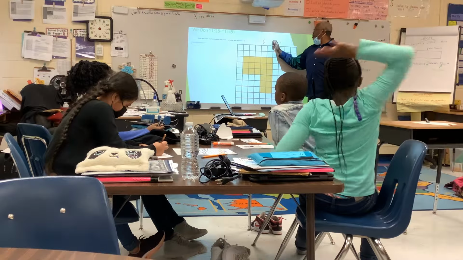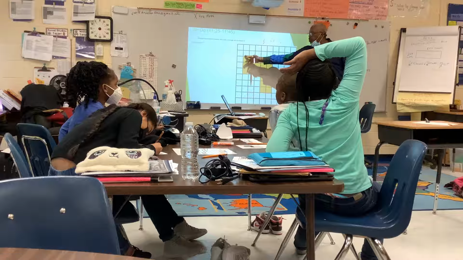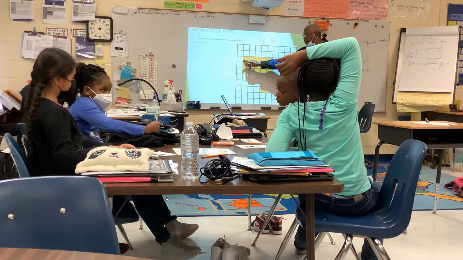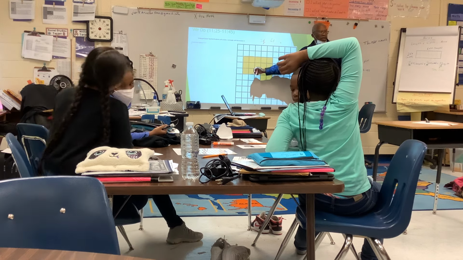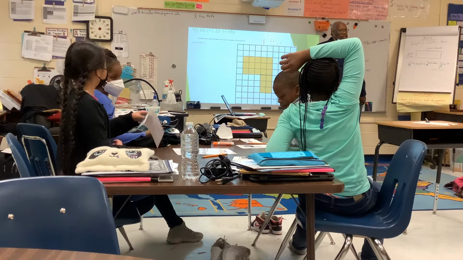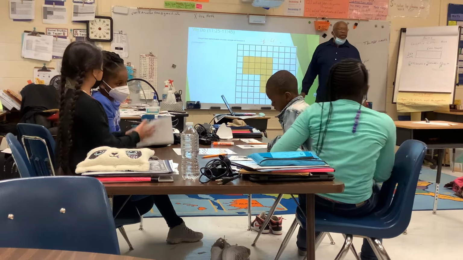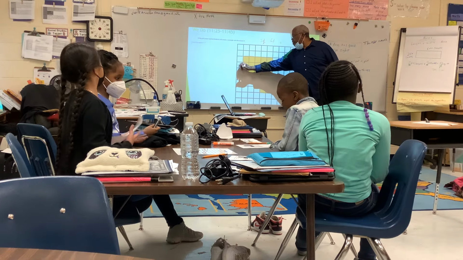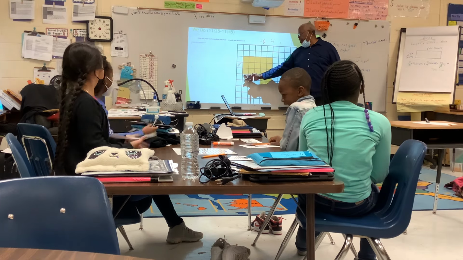What would the length of this be? What would the width of this be? 3. Why? It's only 3 square feet. It's 1, 2, 3. Now 3 feet. The length.